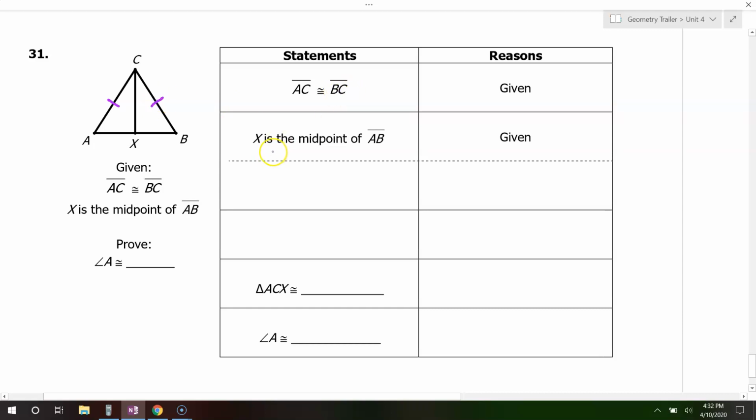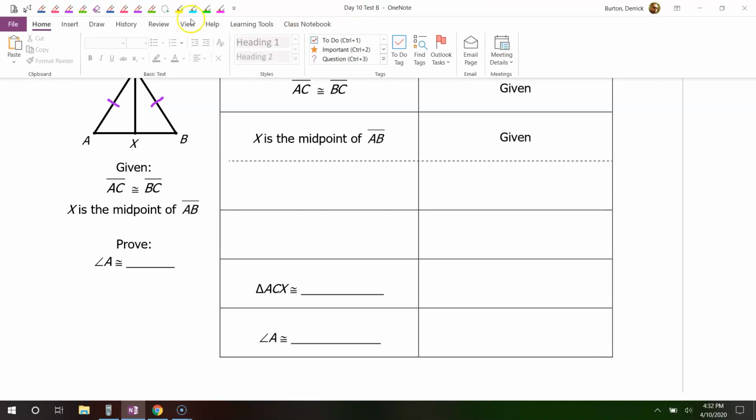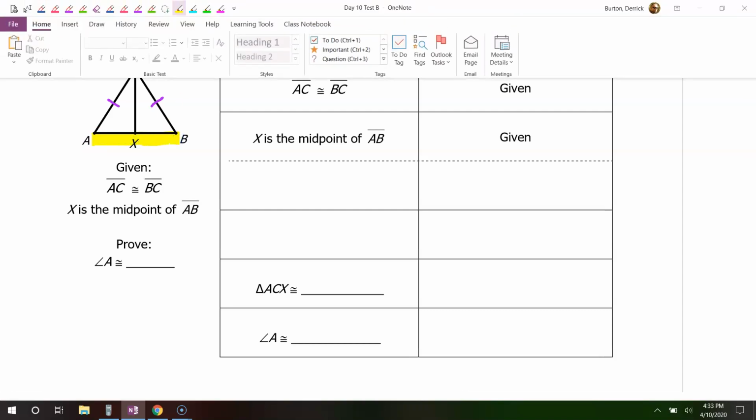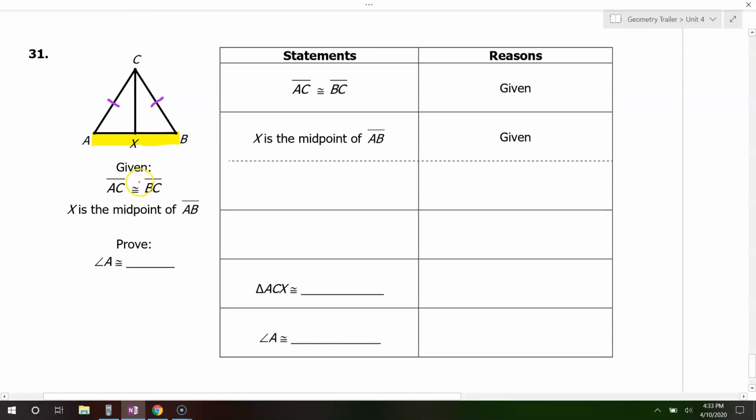All right, now X is the midpoint of segment AB. How am I going to mark that on this picture? Well, first of all, here is segment AB, so focus your eyes on that. If X is the midpoint, that means it's right in the middle.